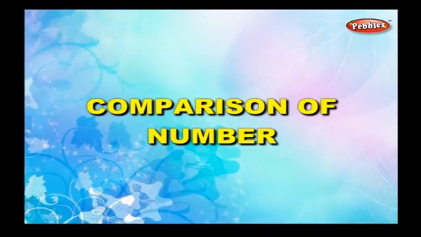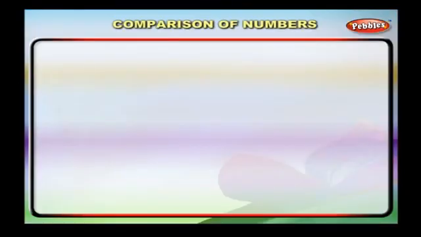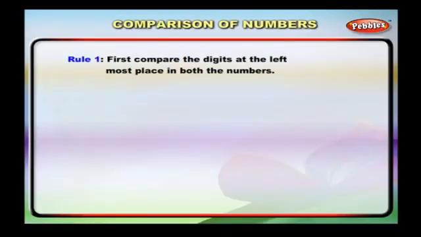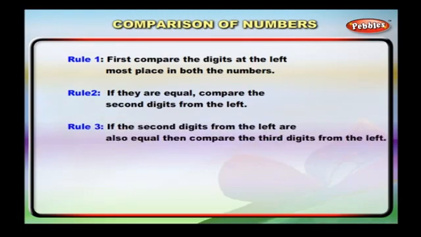Comparison of numbers. Let us first learn the rules for comparison. Rule 1. First compare the digits at the leftmost place in both the numbers. Rule 2. If they are equal, compare the second digits from the left. Rule 3.